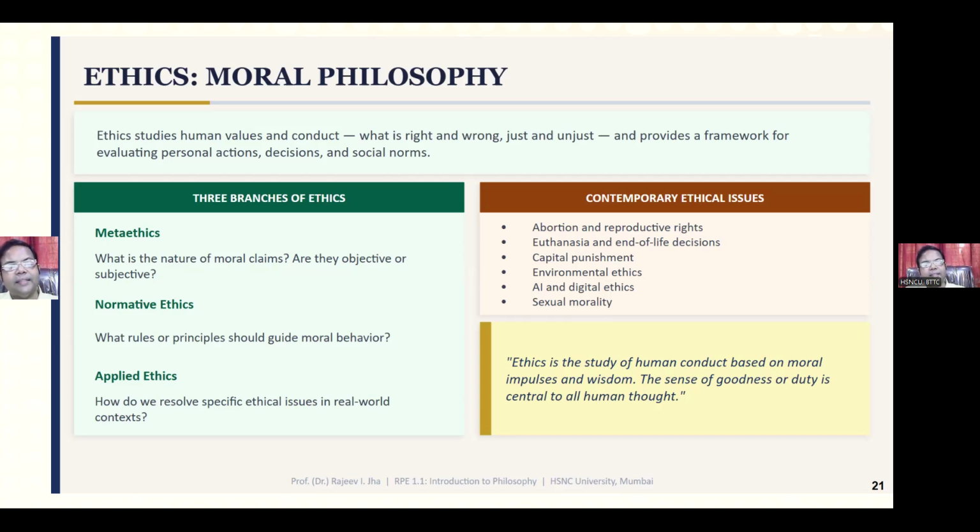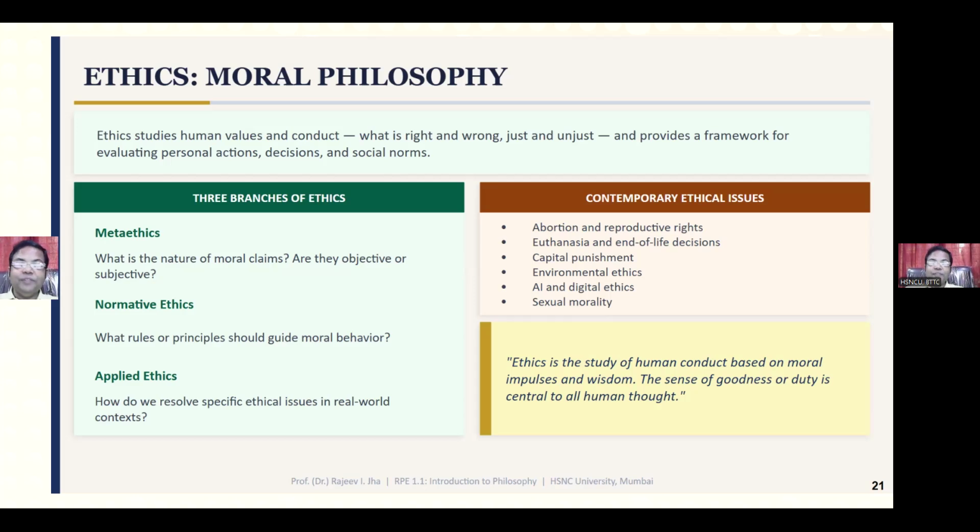This is applied ethics in the domain of art. And in medical and life sciences research, the ethics of informed consent with vulnerable populations, patients, children, indigenous communities is one of the most scrutinized areas of applied research ethics.